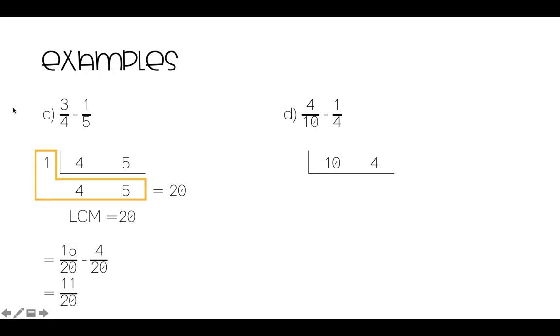Sometimes like over here, there was no factor greater than 1, but this one here has a factor of 2. Now 2 goes into 10 five times and into 4 twice. So we have our lowest common multiple here, and what we do is 2 times 5, which is 10, and 10 times 2, which gives us 20. So our lowest common multiple is 20.